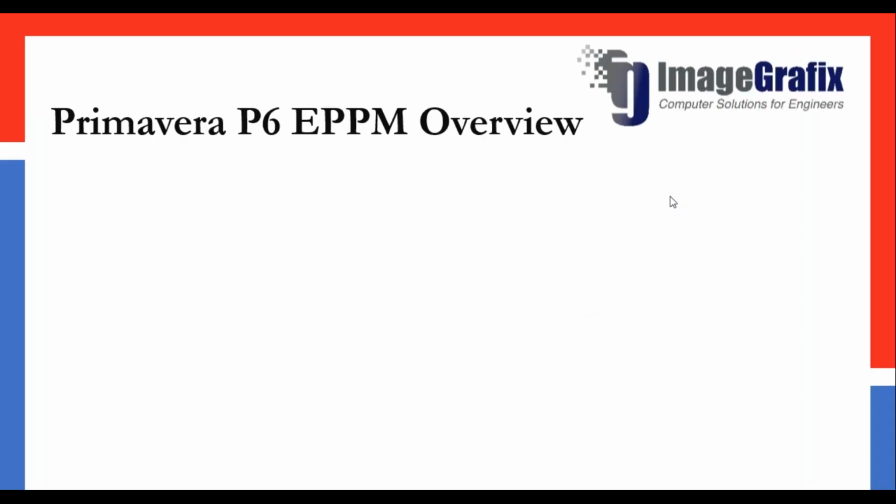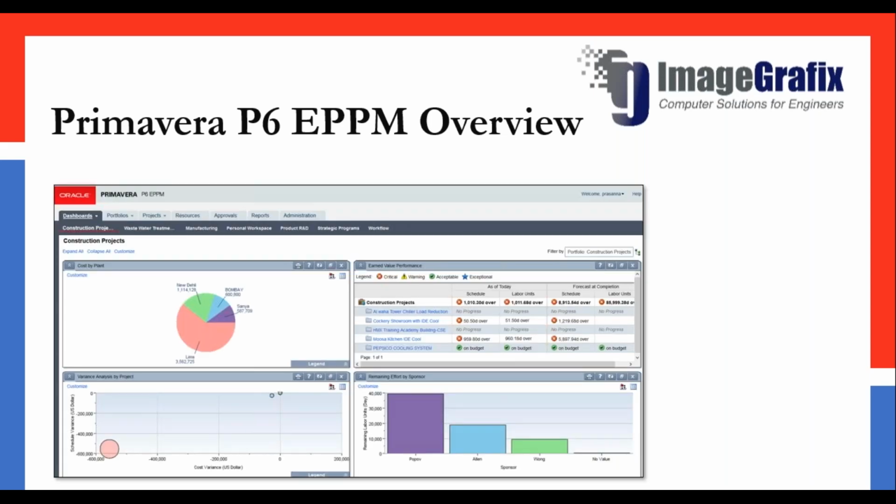Before we get into what's new in Primavera P6 EPPM, let's have an overview. EPPM is Enterprise Project Portfolio Management. It is a web-based version connected to a centralized database, which you can access using any web browser, and it has many functionalities such as dashboards, portfolios, and approvals.